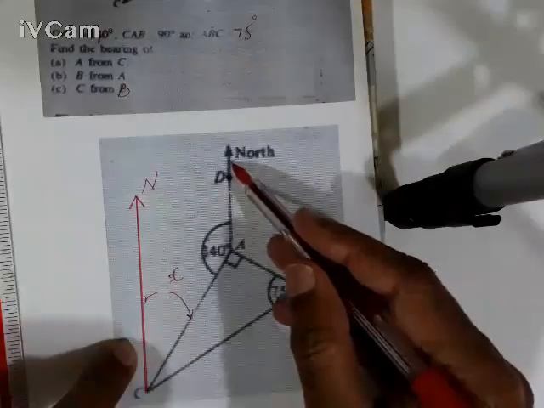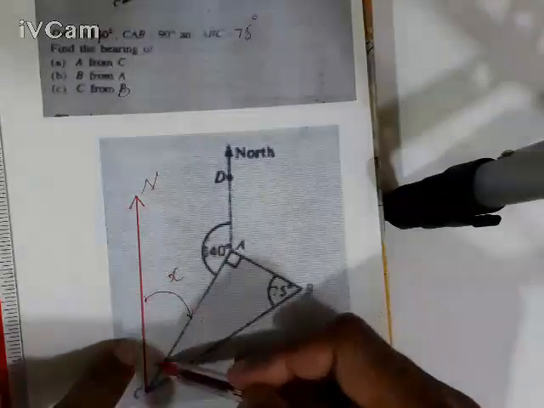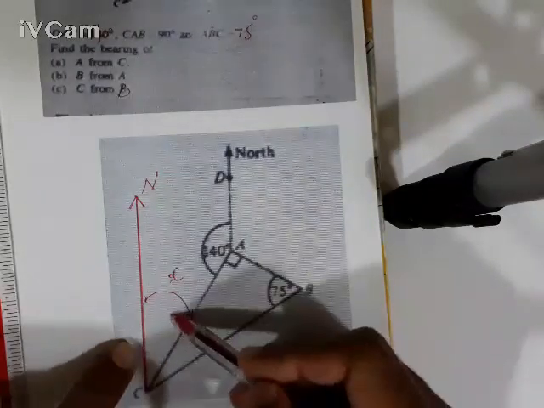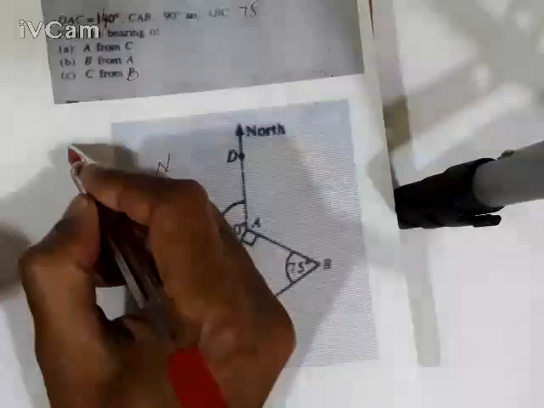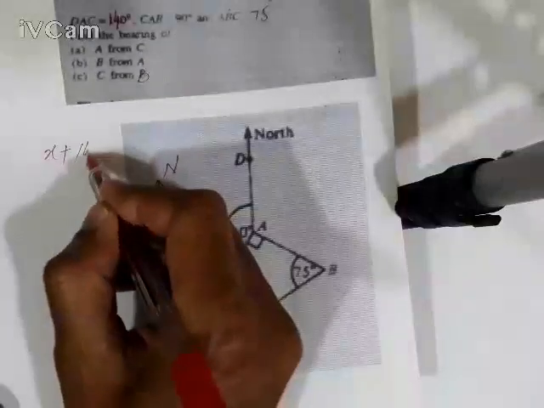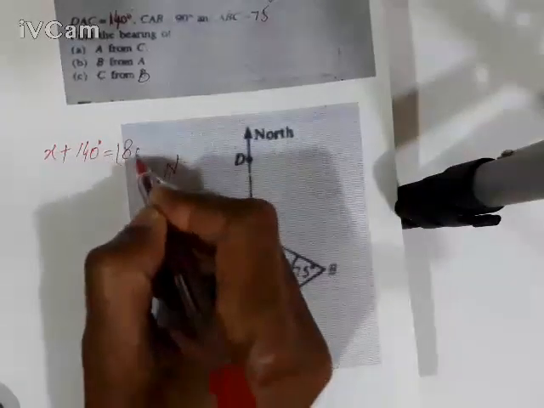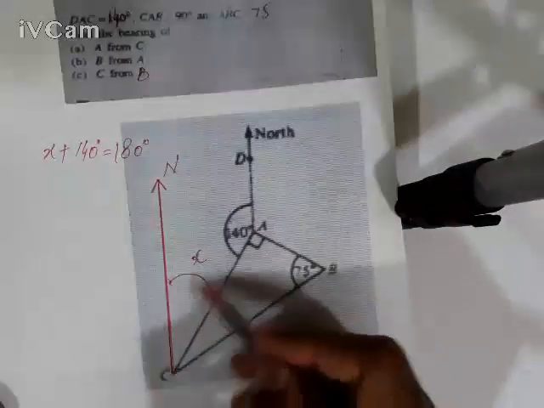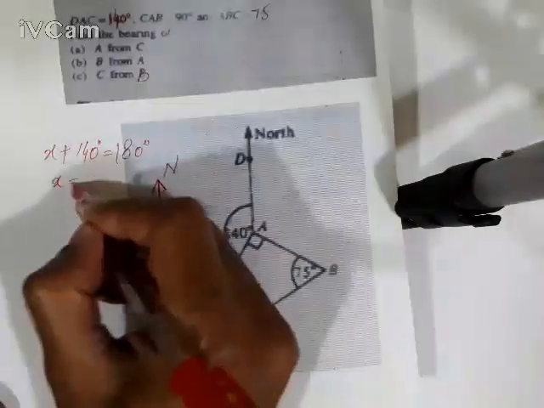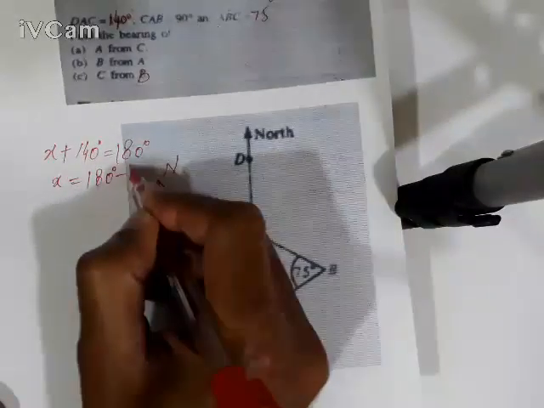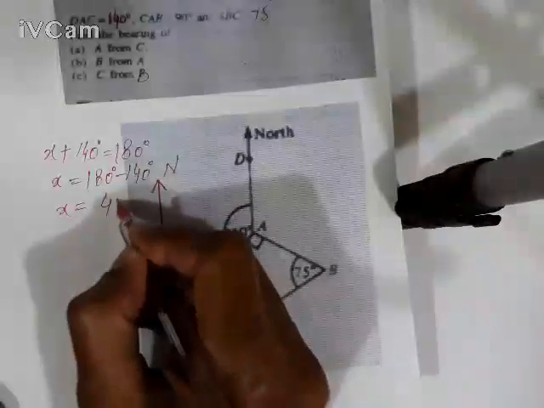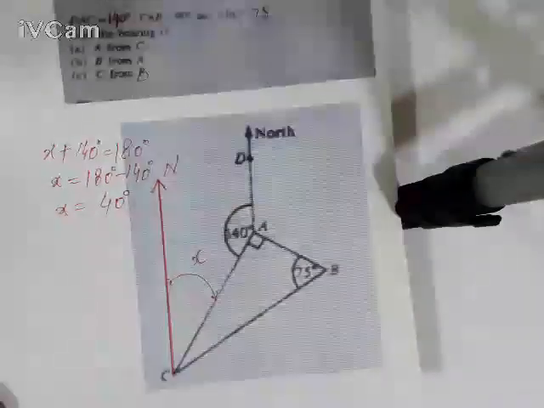And we know that when two lines are parallel, the sum of their interior angles is equal to 180 degrees. So we will write X plus 140 degrees is equal to 180 degrees. So X is equal to 180 minus 140 degrees, which is further equal to 40 degrees.